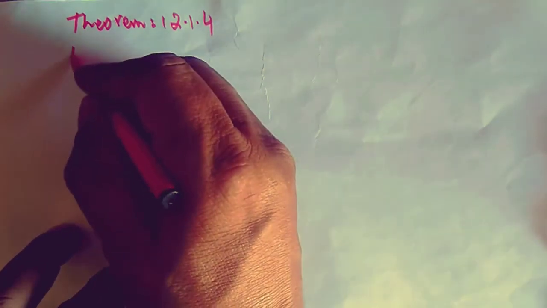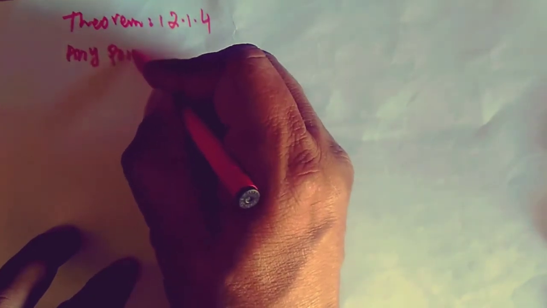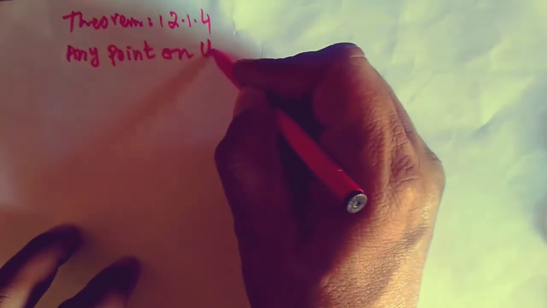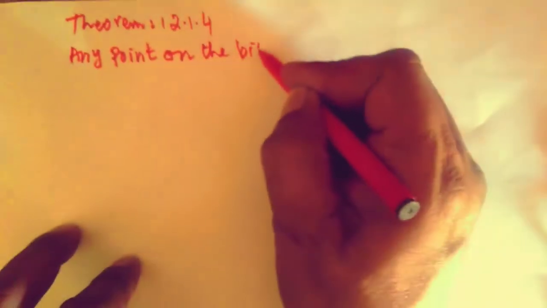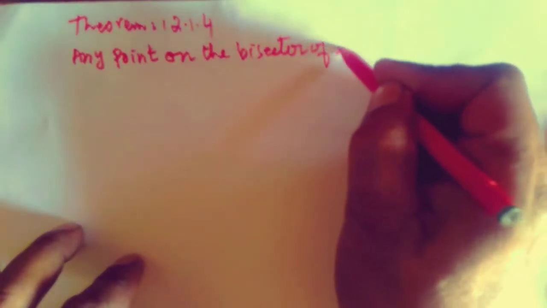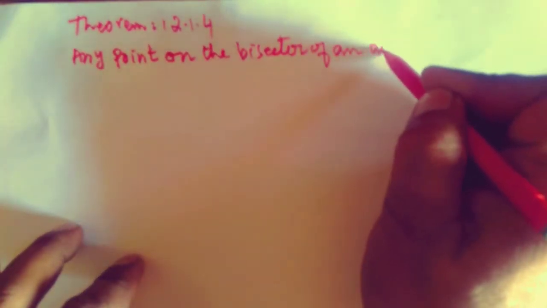Any point on the bisector of an angle is equidistant from its arms.